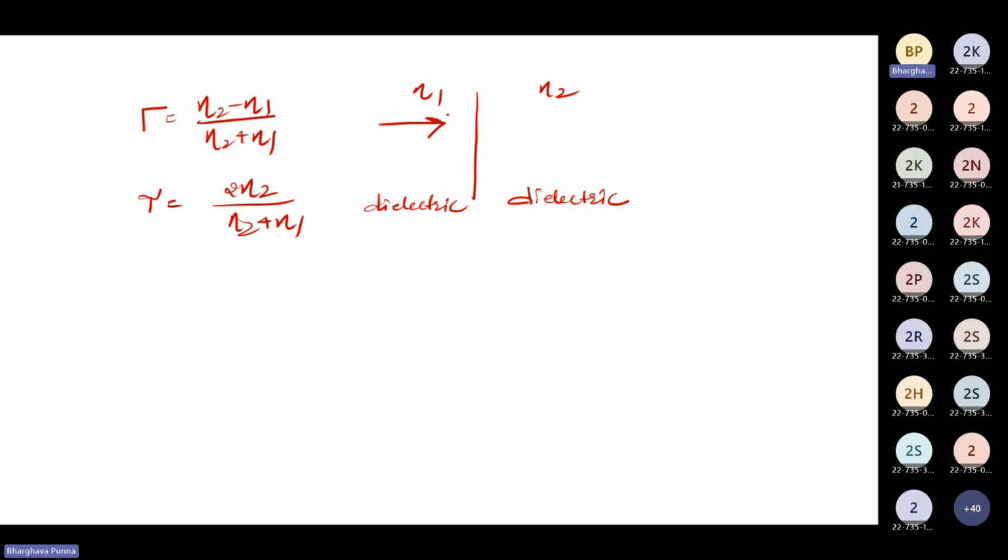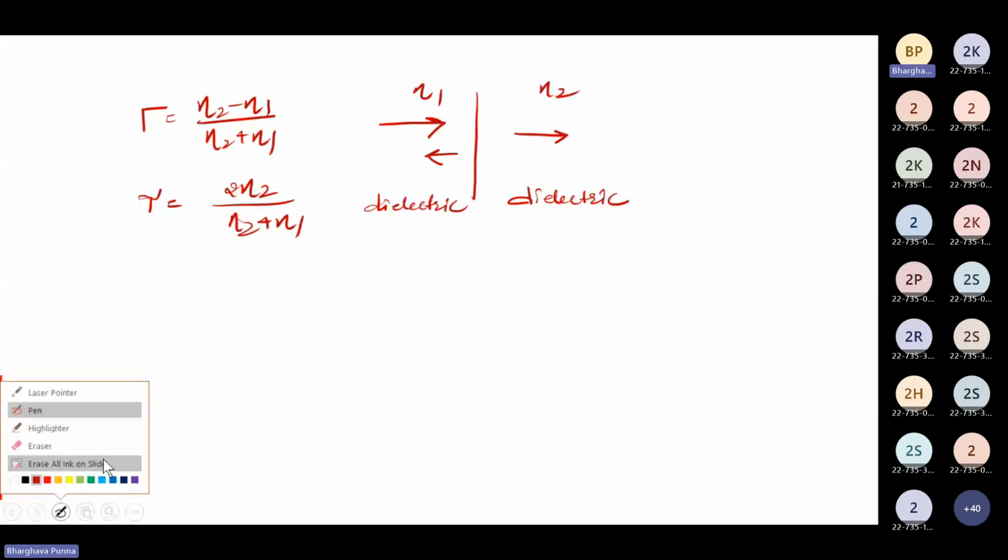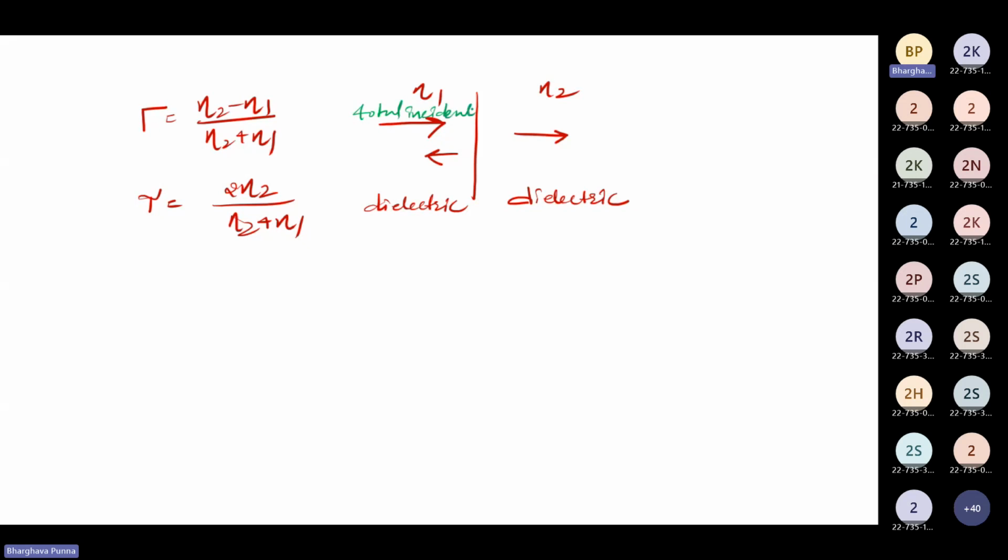Due to the impedance mismatch, a certain portion of the incident wave is transmitted into medium 2, and the remaining is reflected back. Now listen carefully. This is the total incident wave. Out of this incident wave only, something is transmitted, and the remaining is reflected. Keep this point in your mind.